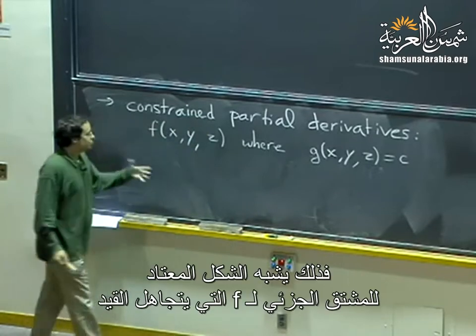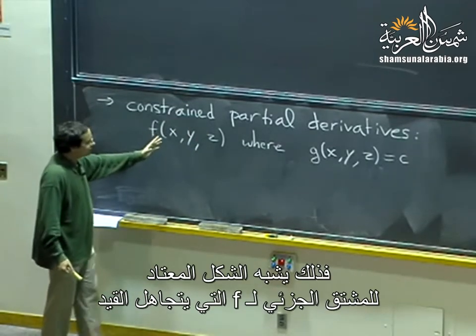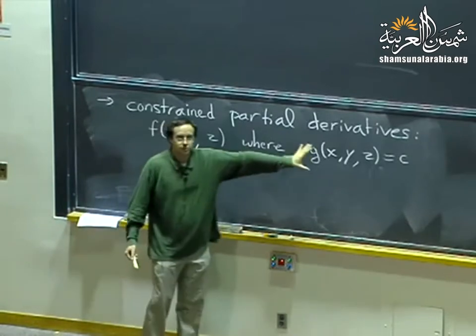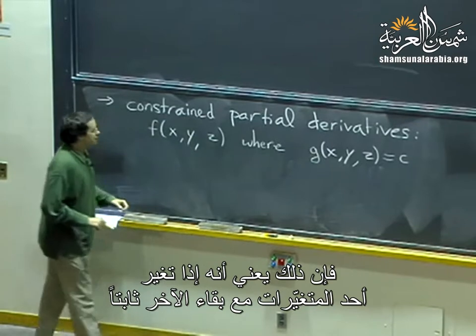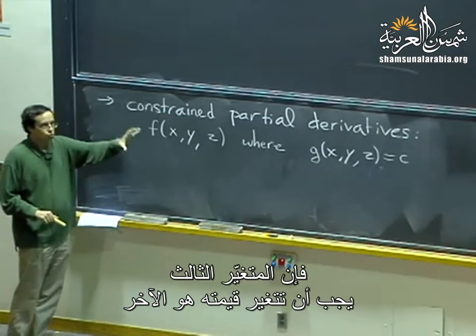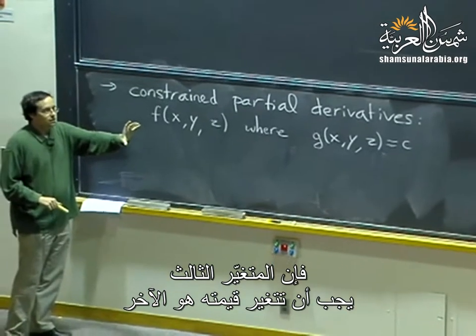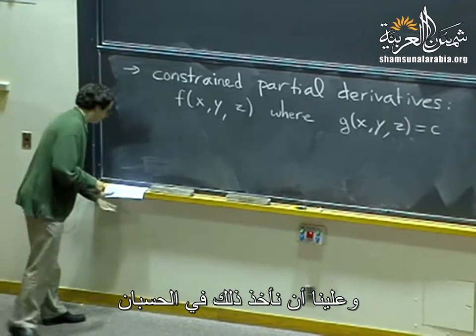That would be the usual or so-called formal partial derivative of f ignoring the constraint. To take this into account means that if we vary one variable while keeping another one fixed, then the third one, since it depends on them, must also change somehow. And we must take that into account.